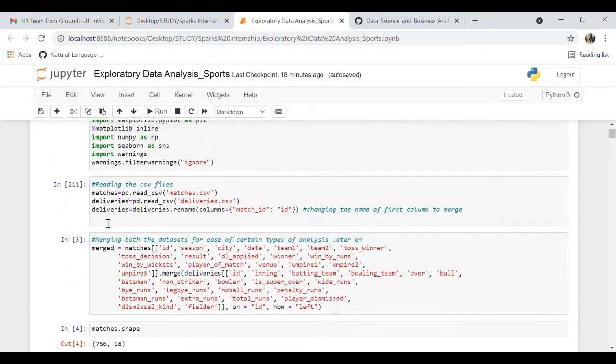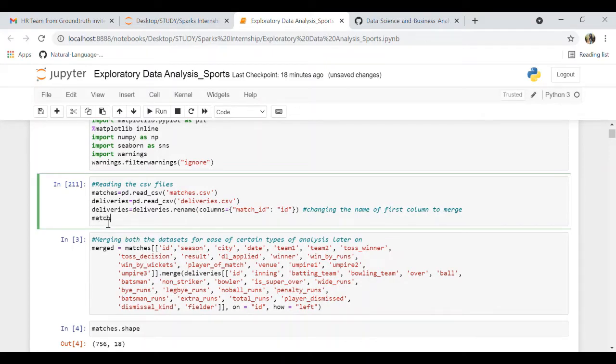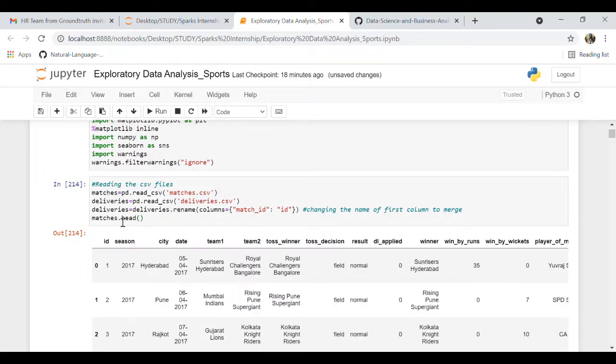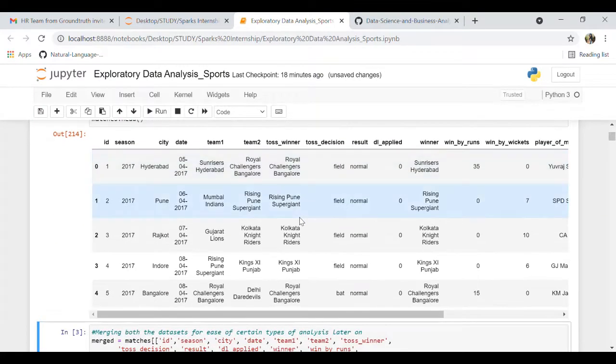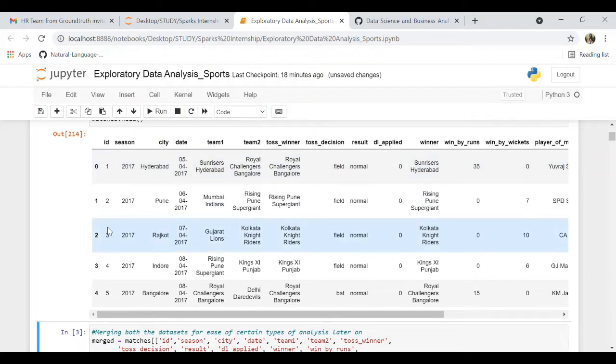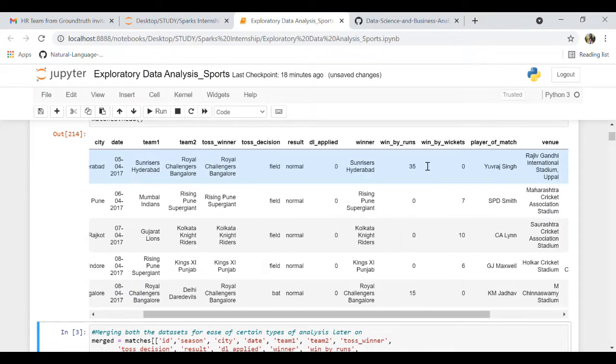Before I move forward, I'll just show how the data sets look. The matches data will give us information of the match ID, season, city, date, the teams that played, toss winners, what was the toss decision, what was the result, whether it was a normal match or a tie or a no result, DL applied, the winner, and how many runs the winner won by if it chose to bat first.